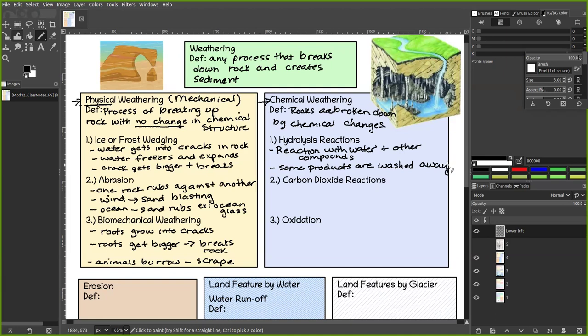Now, you can have the same thing happen with carbon dioxide. When carbon dioxide, which is CO2, mixes with rain, it leads to this stuff called carbonic acid.